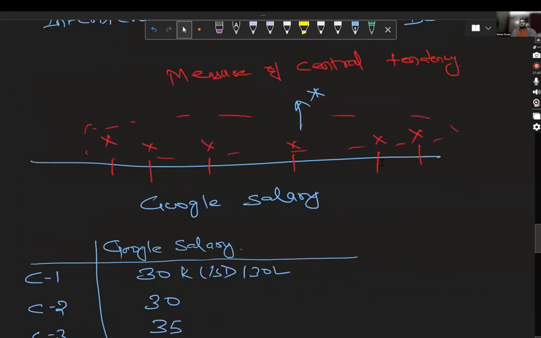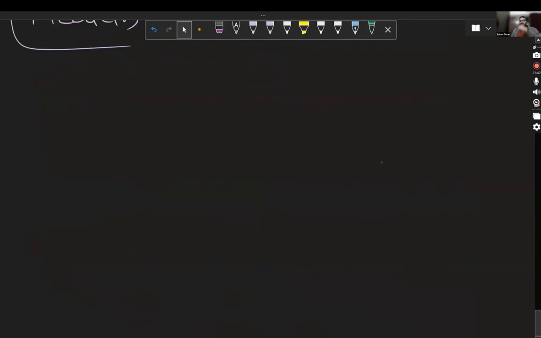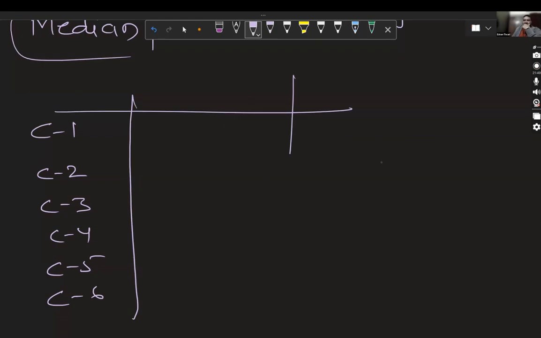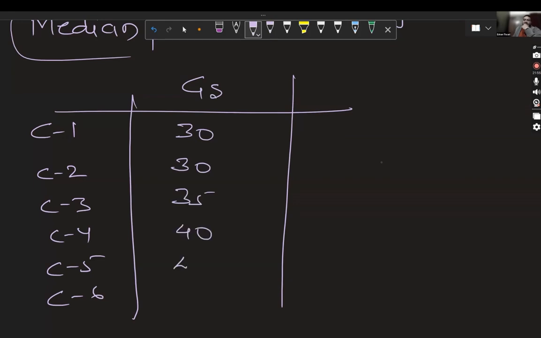Now coming back to our data set, we have candidate 1, candidate 2, candidate 3, candidate 4, candidate 5, candidate 6, and then we have the Google salary: 30, 30, 35, 40, 40, 79. The first thing we do is sort the data into ascending order.